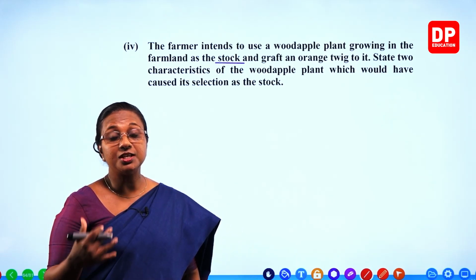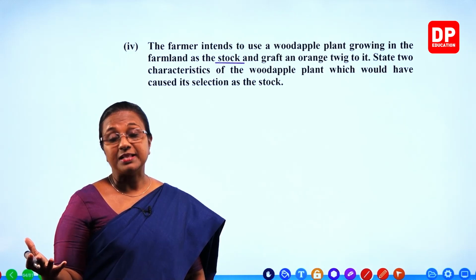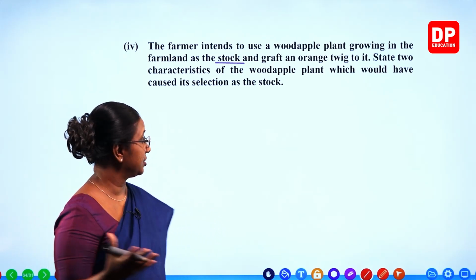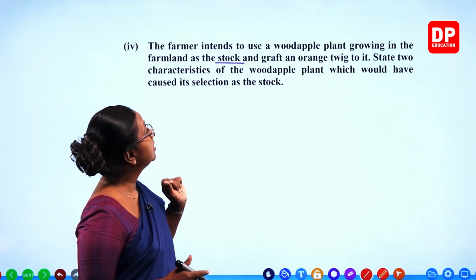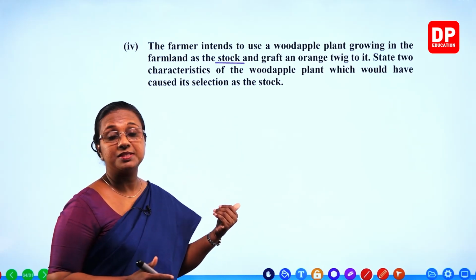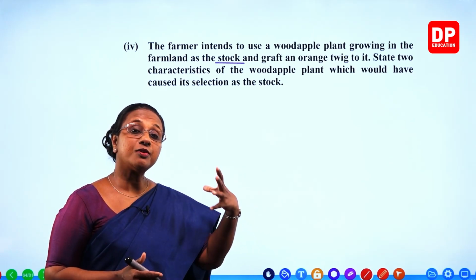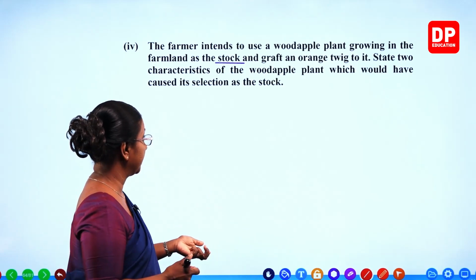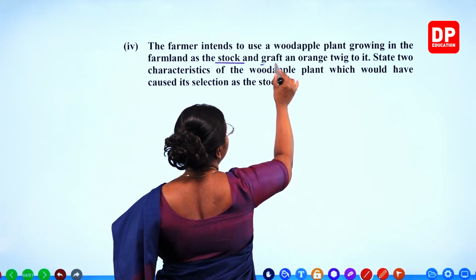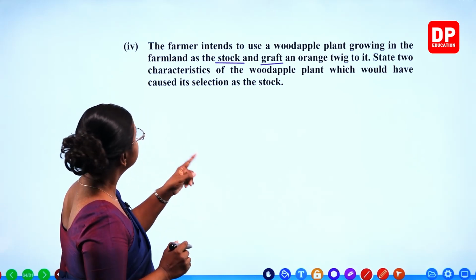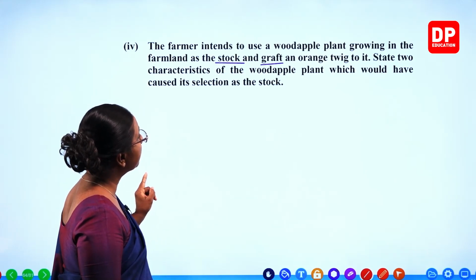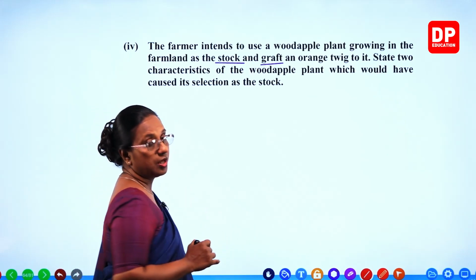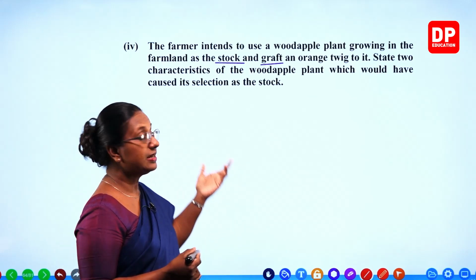It should be resistant to pests and pathogens, and also resistant to adverse environment conditions. At the same time, the orange twig becomes the scion. So the scion, the orange fruit and all that, have to have good properties. So here the technique is grafting. I mentioned this to you. State two characteristics of the wood apple plant which would have caused its selection as the stock. Why do you select the wood apple plant as the stock?